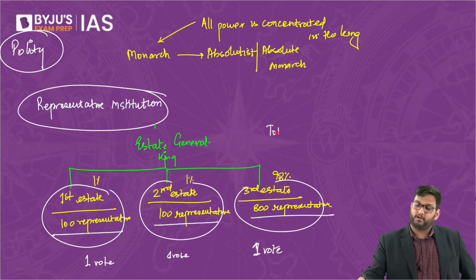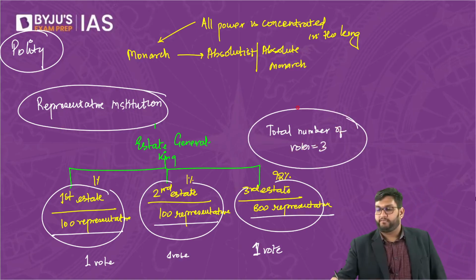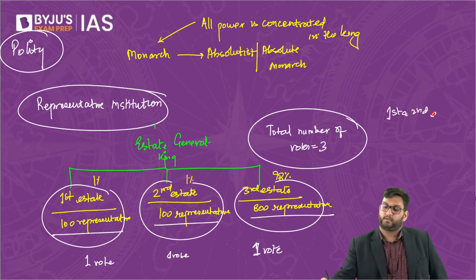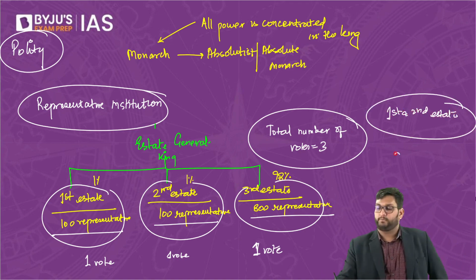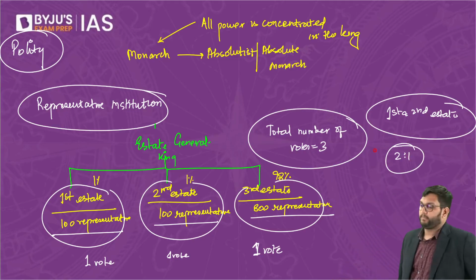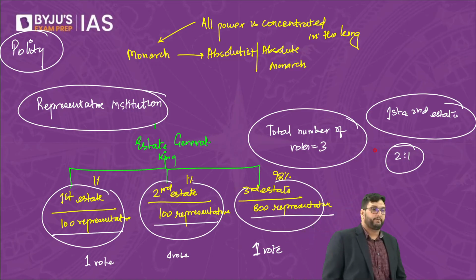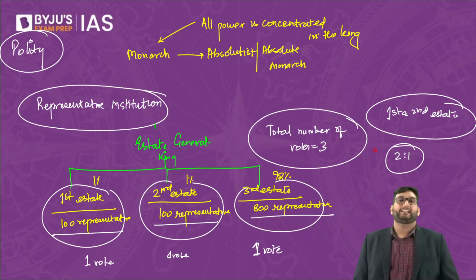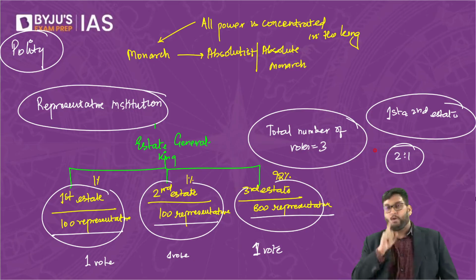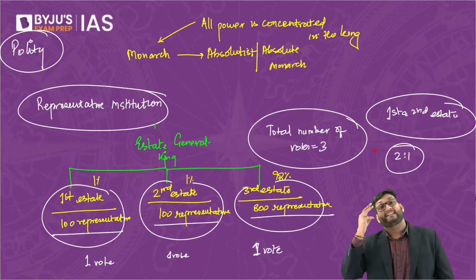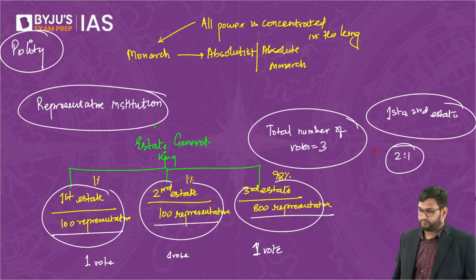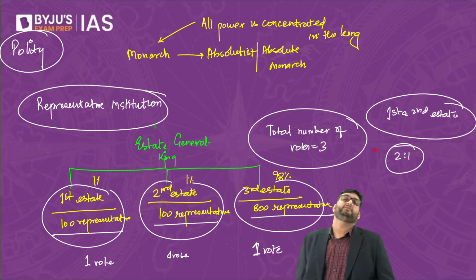So total number of votes was 3, and the first and second estate always used to come together to make it 2:1. So very simply, though there are more representatives, they are still given one vote. So 1% of society has one vote, 2% of society has one vote, and 98% of society also has one vote.